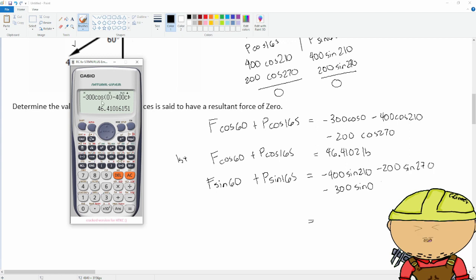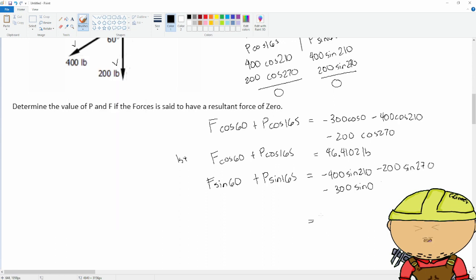I'm just going to change the cosine to sine. We can do that, there's no problem with that, as long as it's the same one.